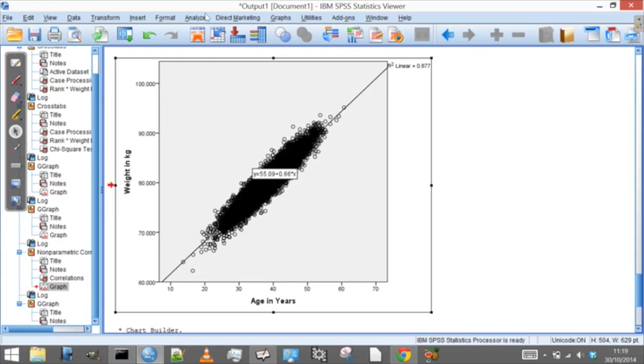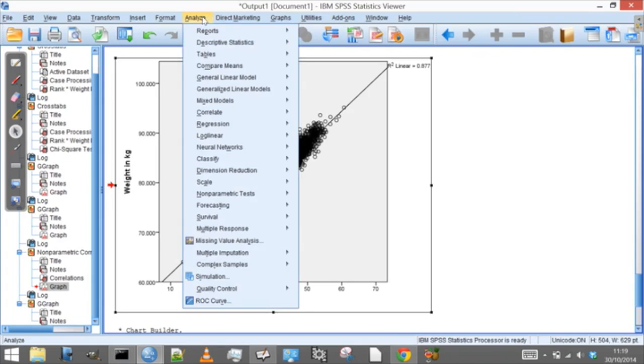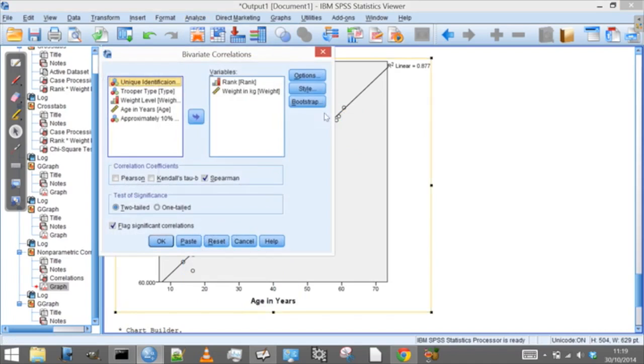And we can test this statistically, going to Analyze, Correlate, Bivariate. You need to take rank out of the box. So if you've got it in there, select the little arrow that's facing left to take it out.